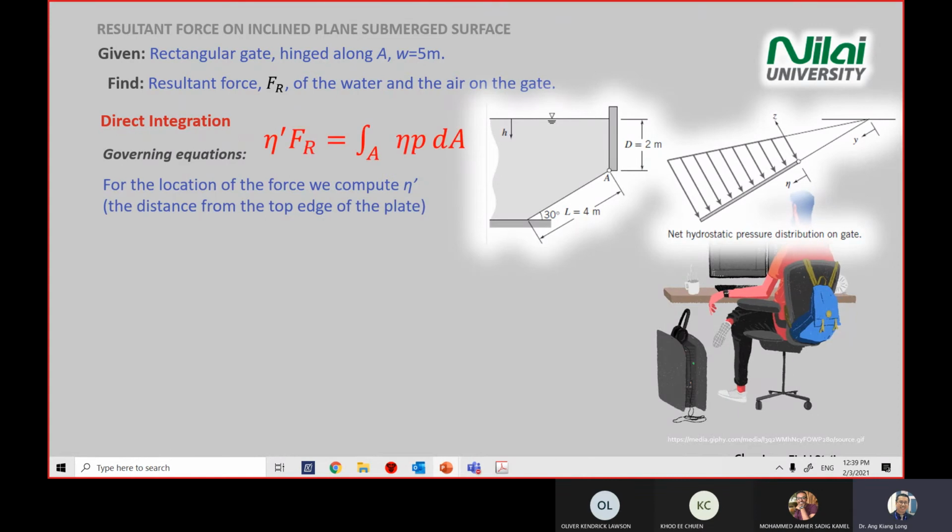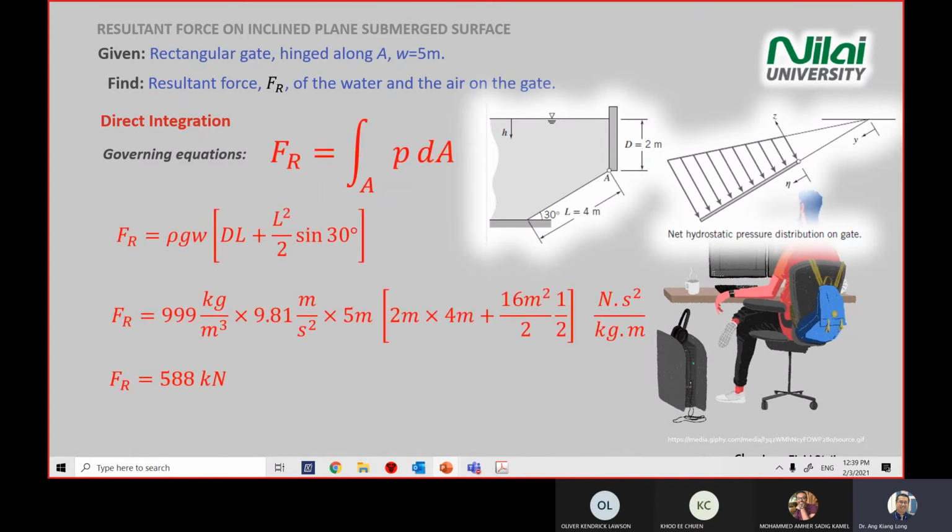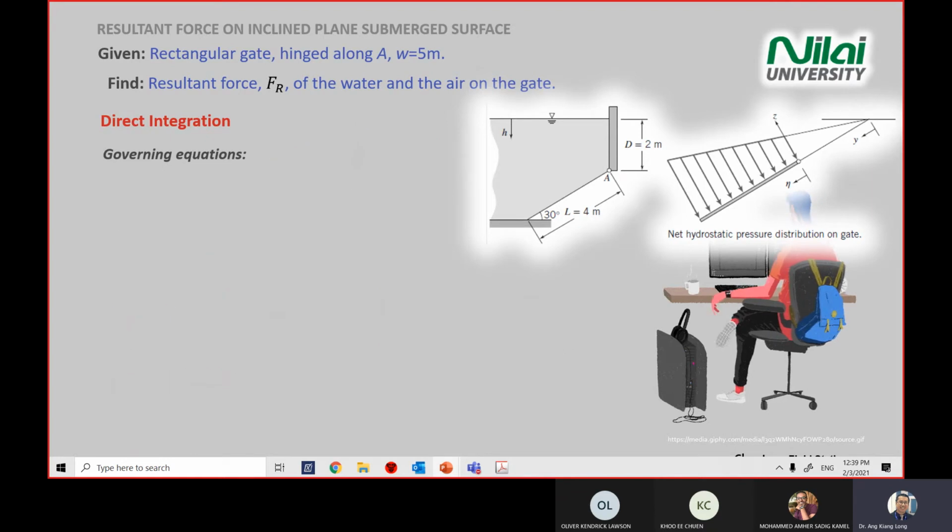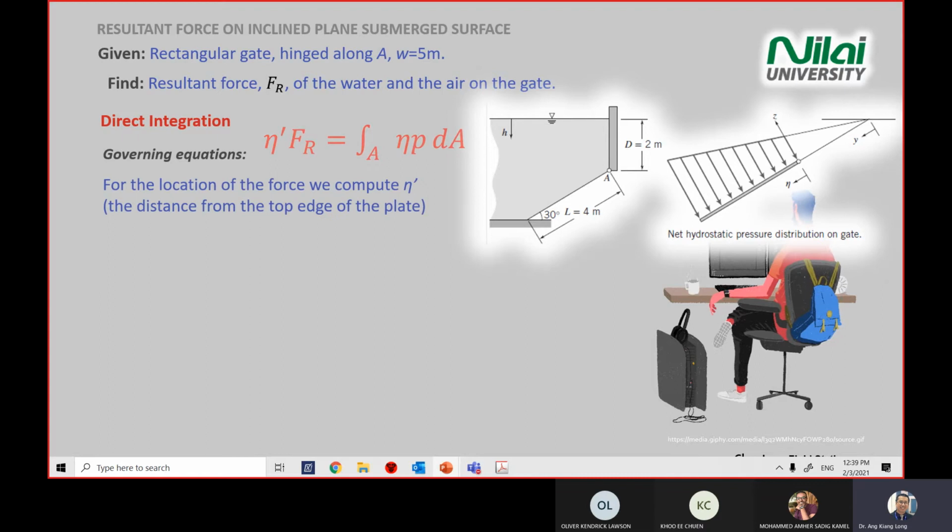The next one is the location. Usually in this kind of question you need to solve for the force, and the next one you solve for the location. So again we use this equation, n prime FR equal to the integration of n p dA, to compute our distance.